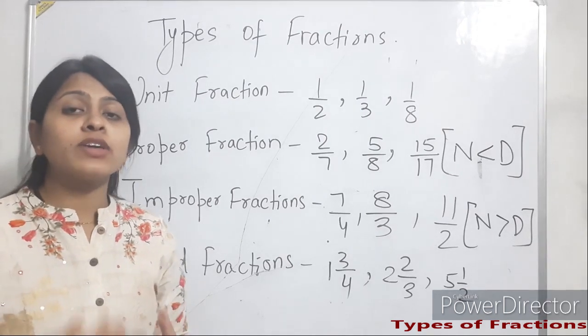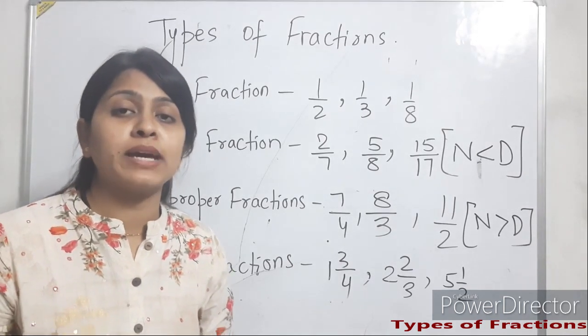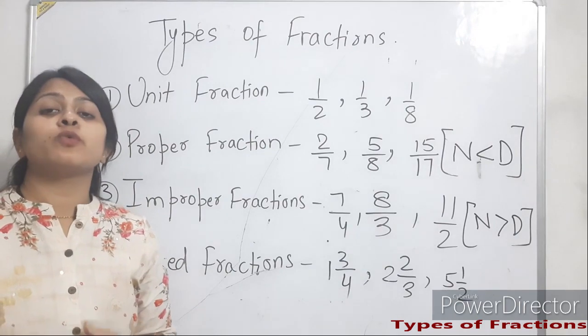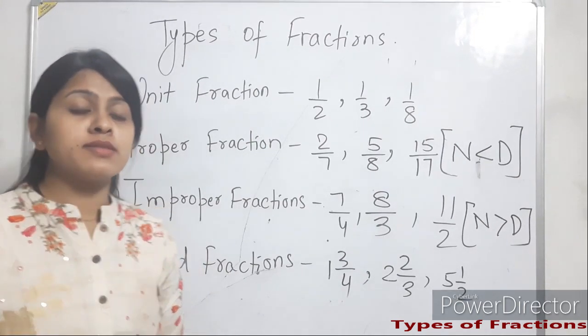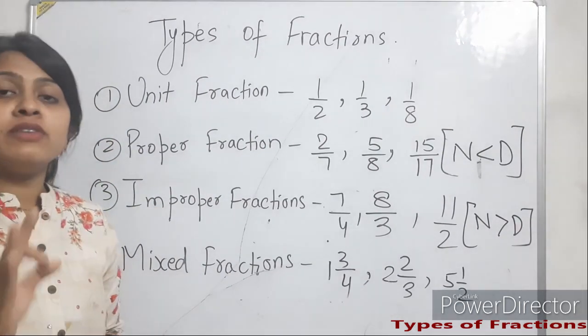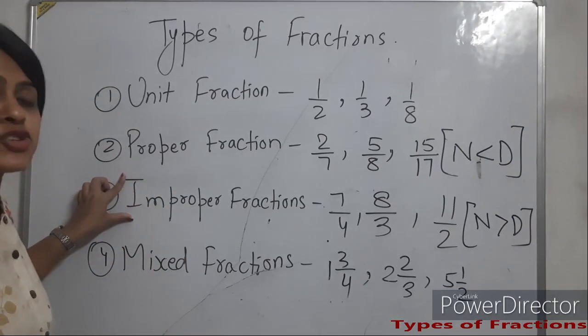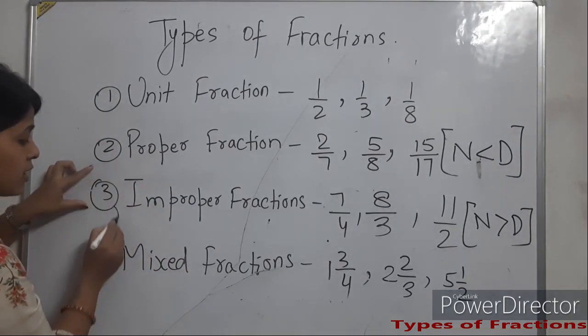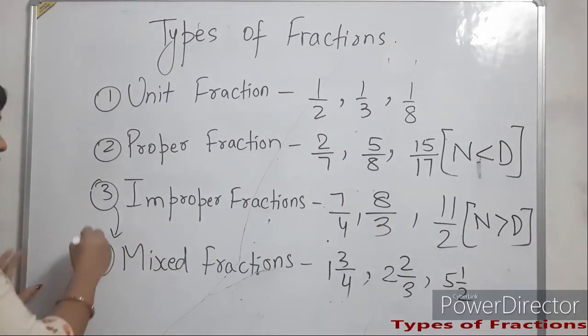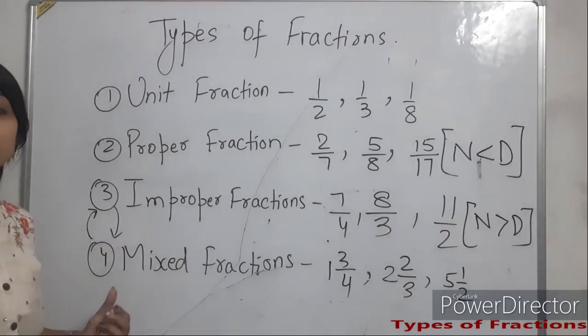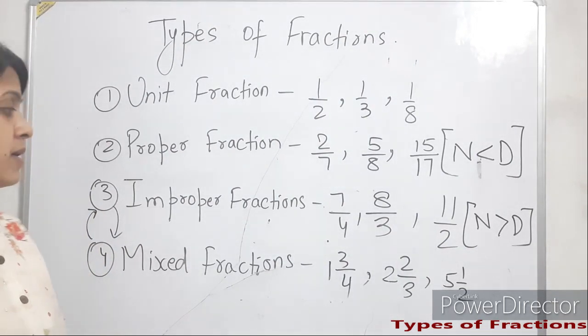How can we convert improper into mixed? By just dividing the numbers. Always remember, an improper fraction can be converted into a mixed fraction and a mixed fraction can be converted into an improper fraction.